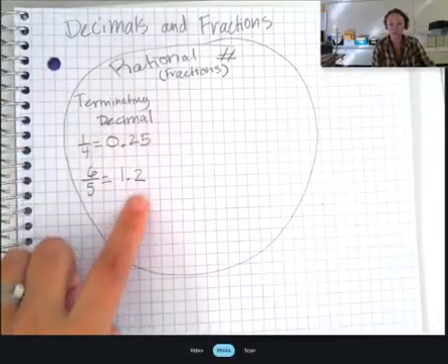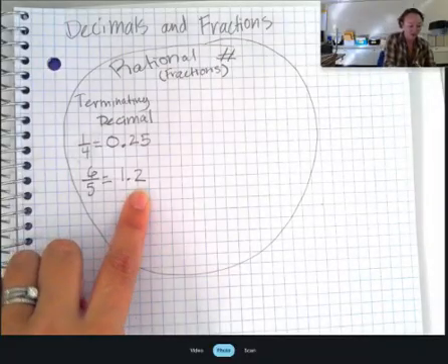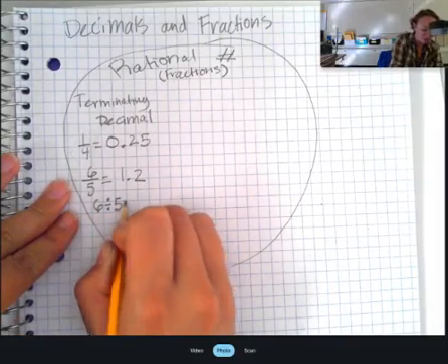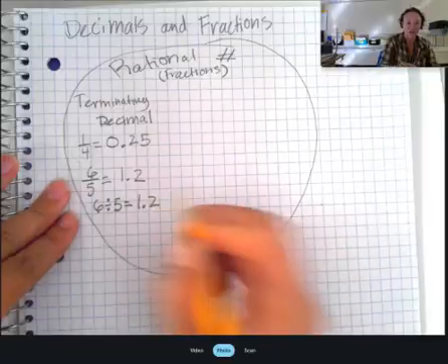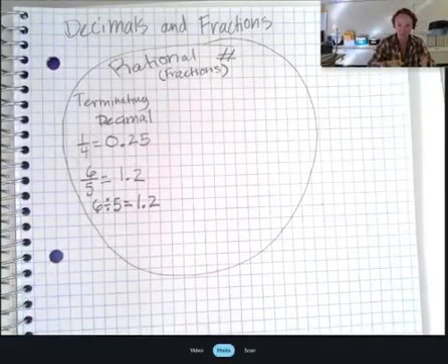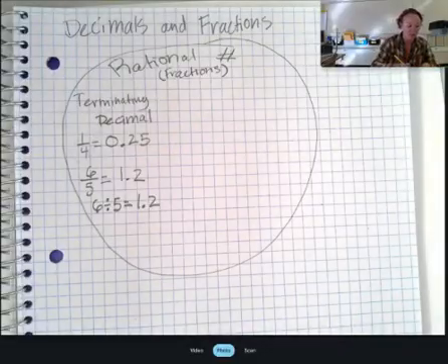There is nothing else, right? If you type that into the calculator as 6 divided by 5, you are going to get 1.2. It's not going to go 1.2222222 on forever. It's just done. No rounding needed.